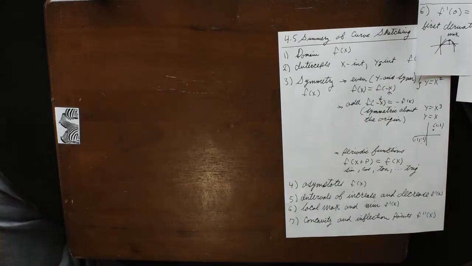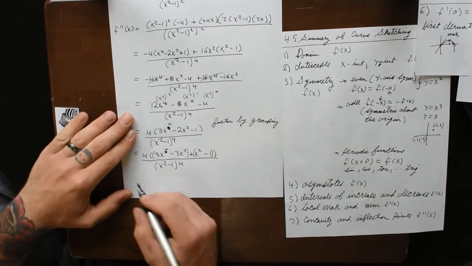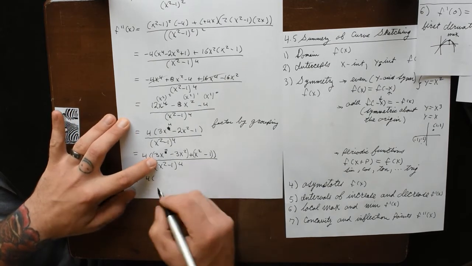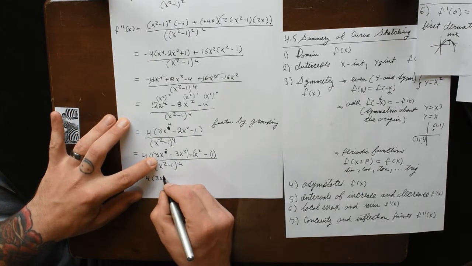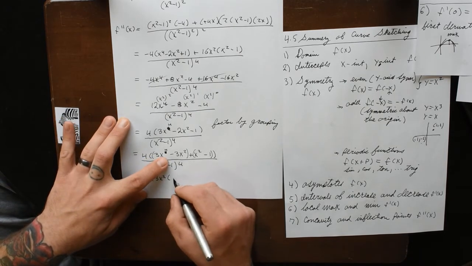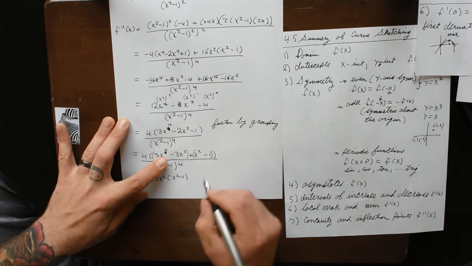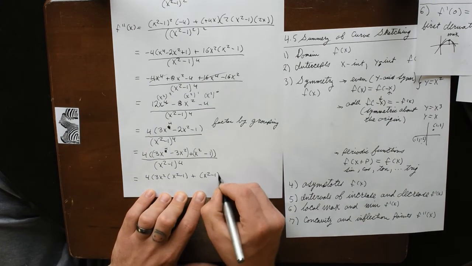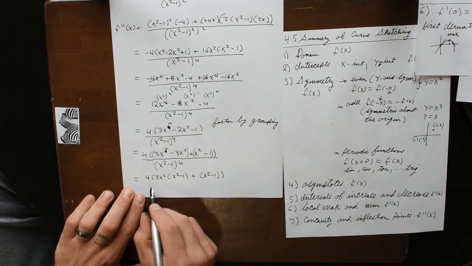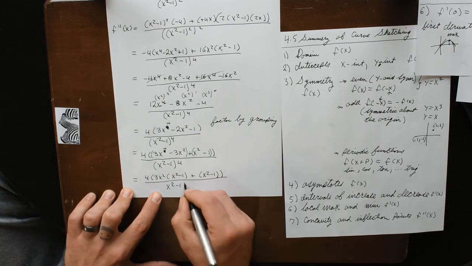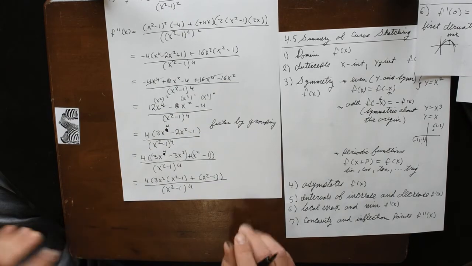This will turn into a 4 times, I can pull a 3x squared out, times, we'd be left with an x squared minus 1 plus an x squared minus 1, all divided by x squared minus 1 to the 4th.